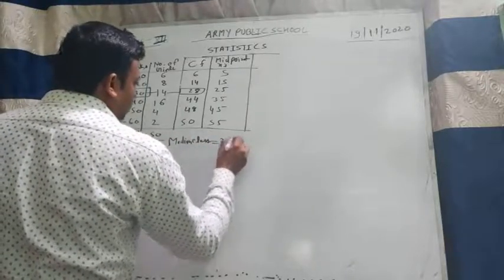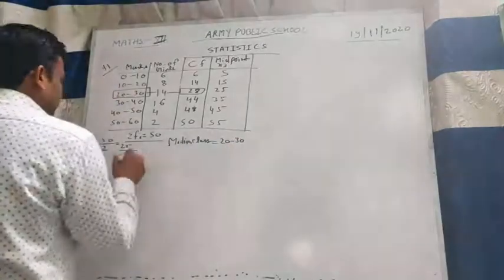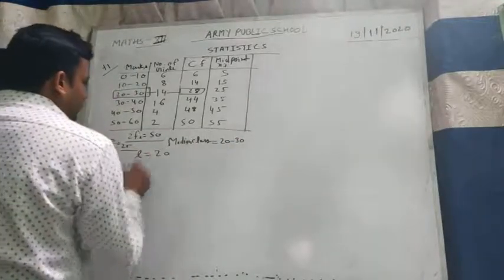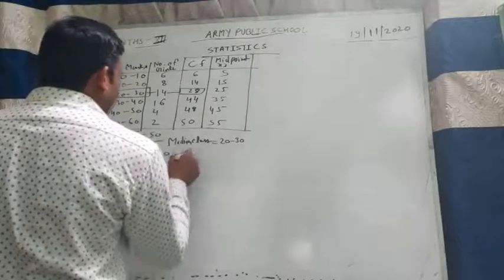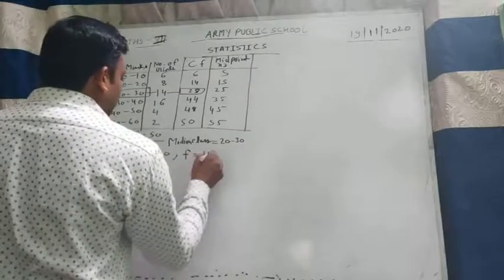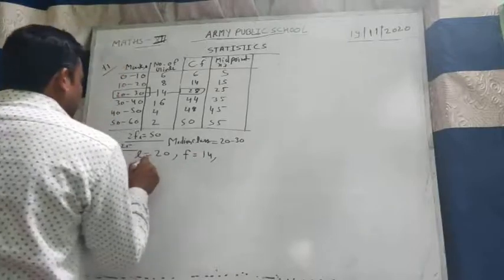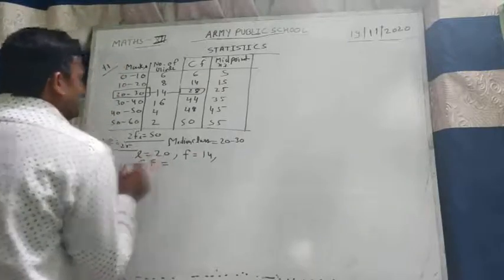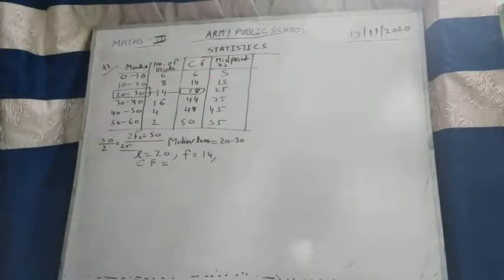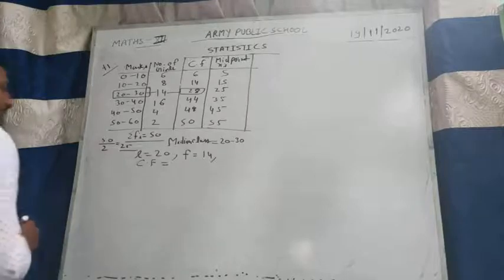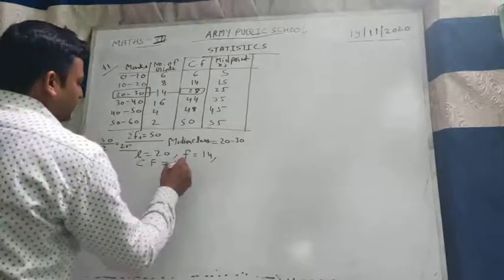22, 30, and lower limit L is 20, and frequency F is what? 14, and CF will be what? We will consider the CF. Now CF will be 14.